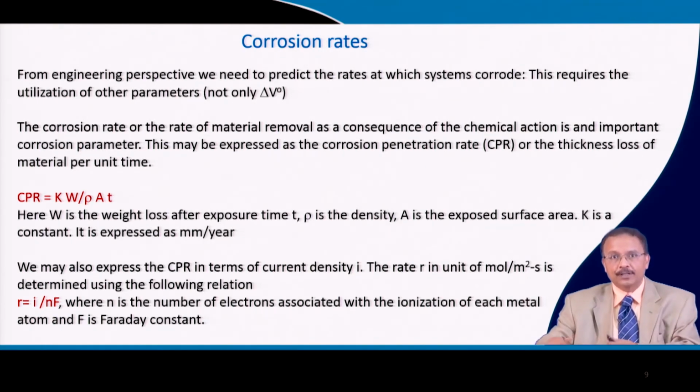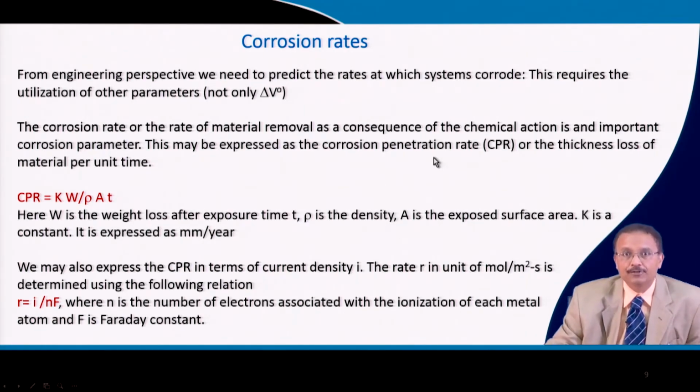This may be expressed by the corrosion penetration rate, abbreviated as CPR, or the thickness loss of the material per unit time. The corrosion penetration rate is defined with a constant K, where W is the weight loss after exposure to that environment for a time t, rho is the density and A is the exposed surface area. This is usually defined in millimeter per year.